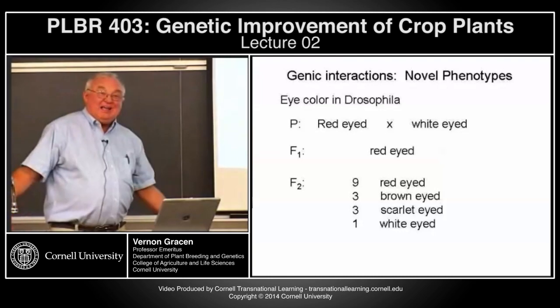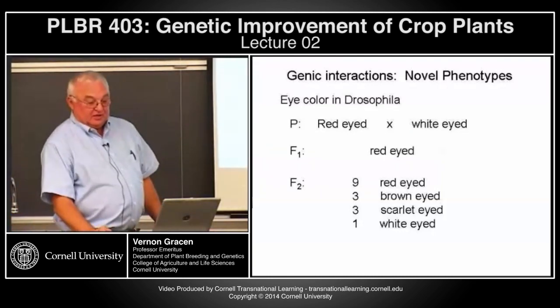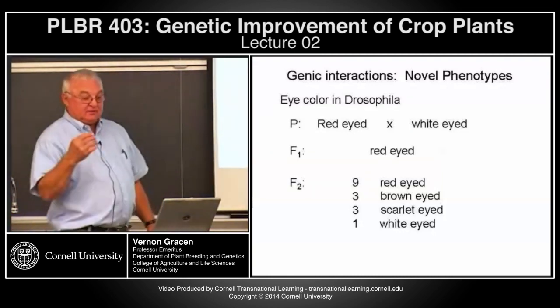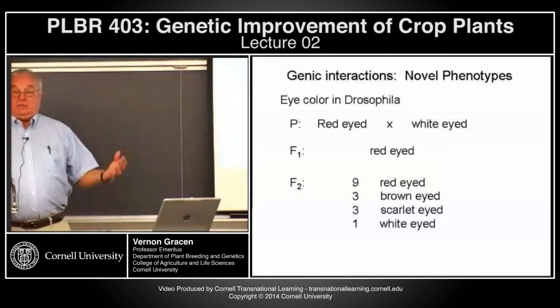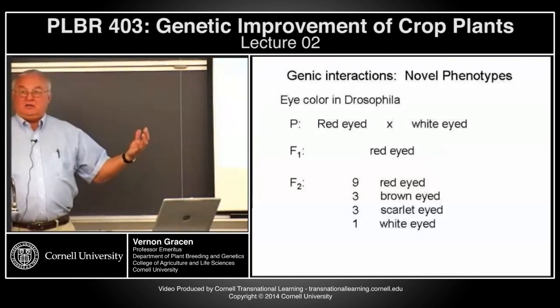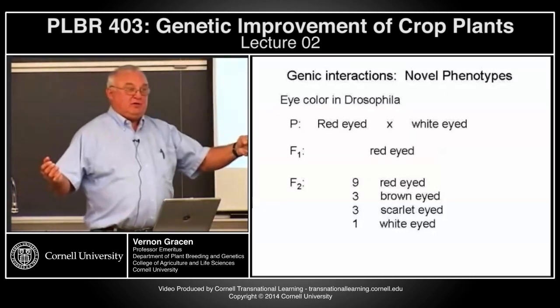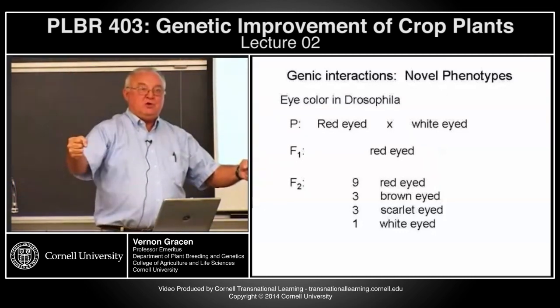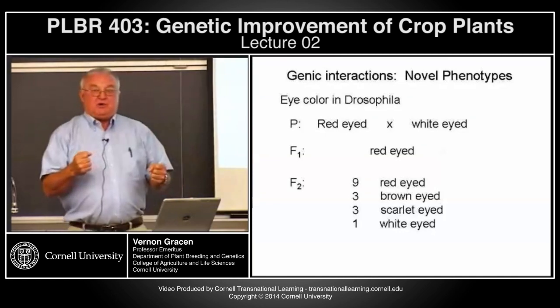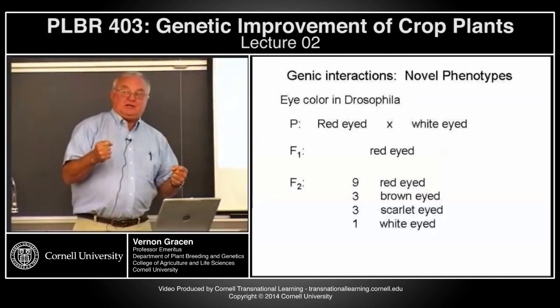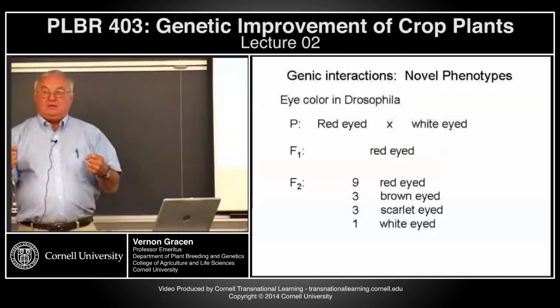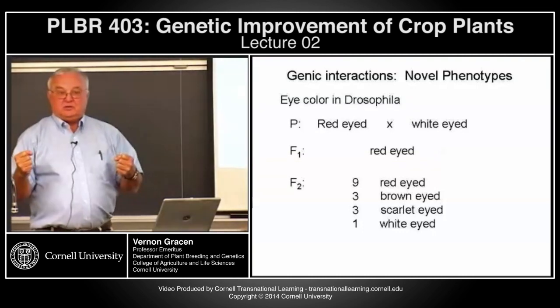All right, if we look for eye color in Drosophila, you can get a red-eyed and a white-eyed. The F1 are all red-eyed. Simple, right? I mean, a red-eyed individual that breeds true, a white-eyed individual that breeds true. All of the F1 progeny are red-eyed. Isn't this like purple and white pea flowers?